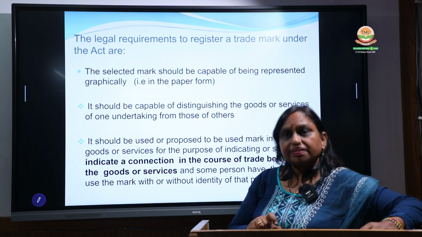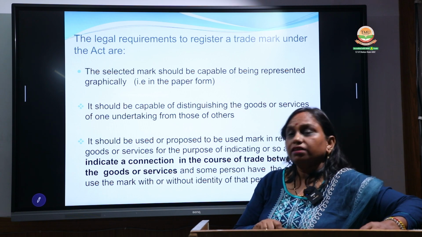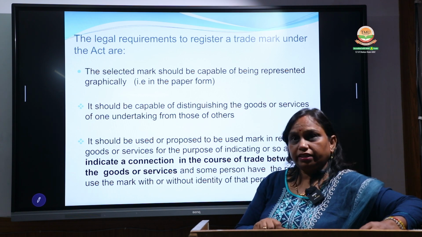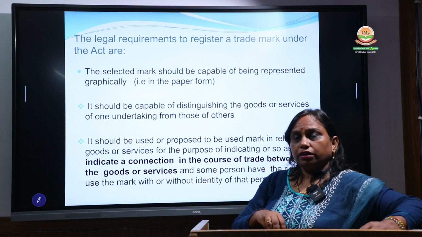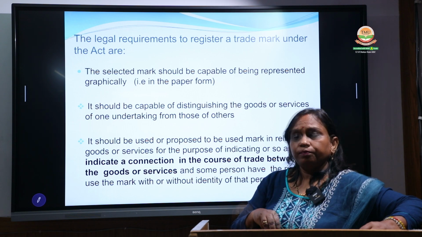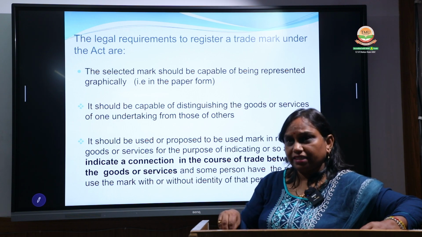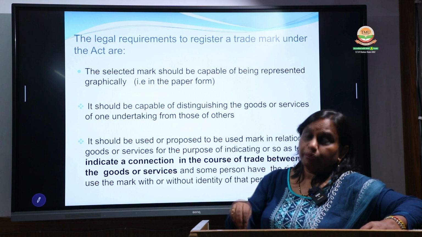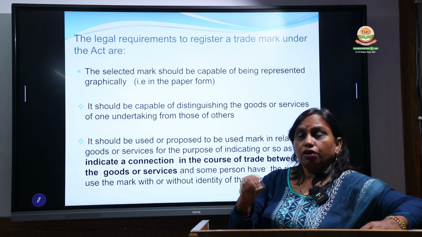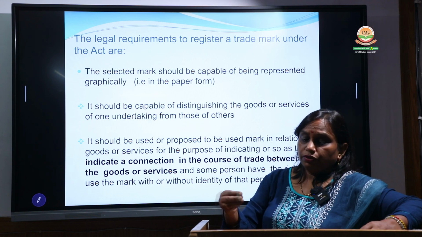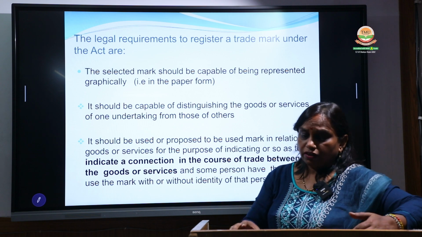So it is always in relation to trade and commerce. With relation to the name of the individual, goods and services can be represented, and it can also be used with the permission of the owner to use such kind of mark.